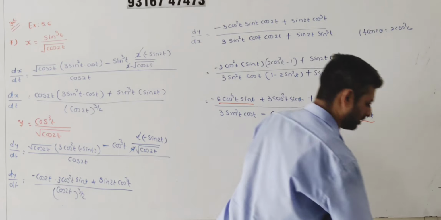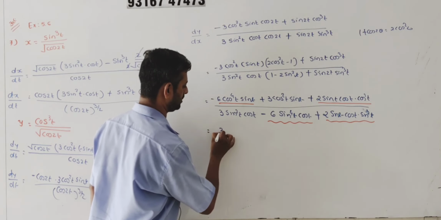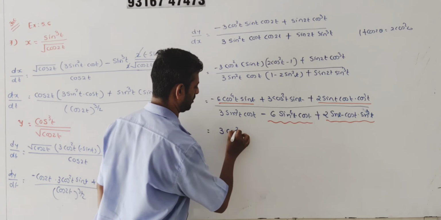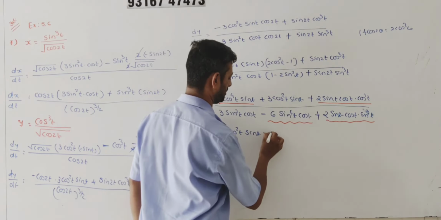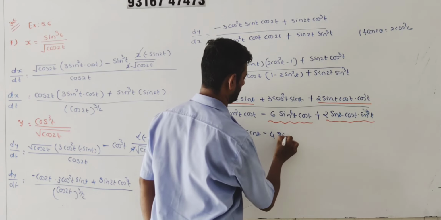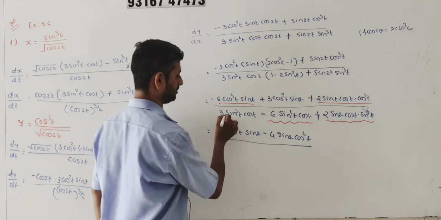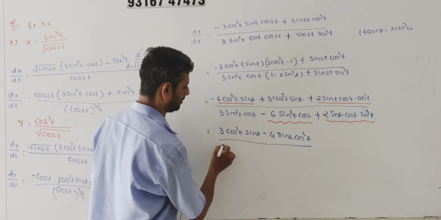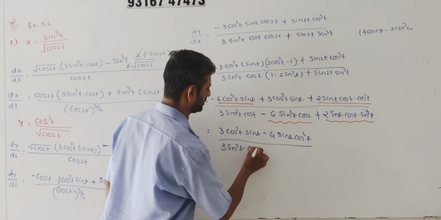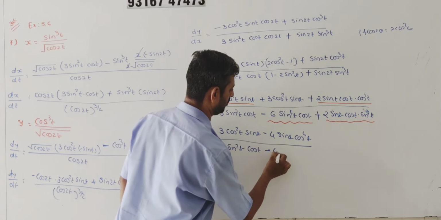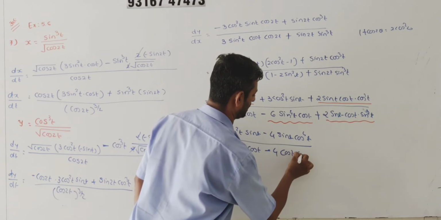So it will be like this: 3 cos square t sin t minus 4 sin t cos raised to 4 t, upon 3 sin square t cos t minus 4 cos t sin raised to 4 t.